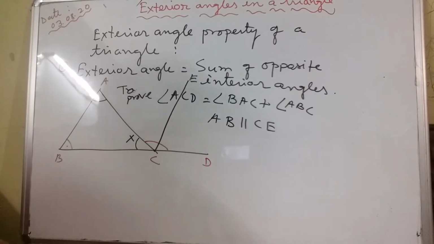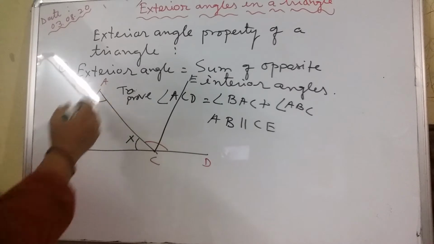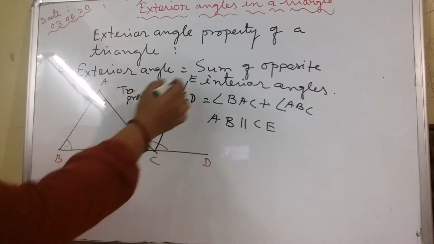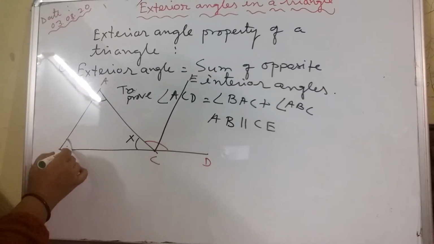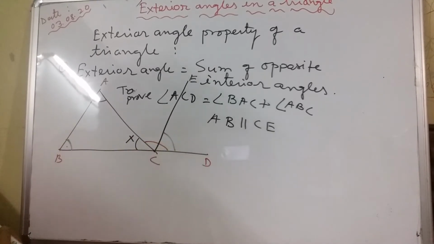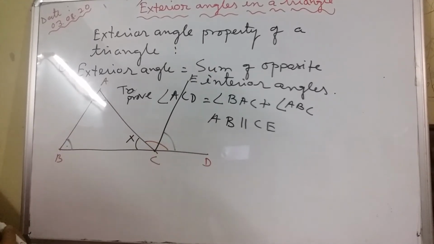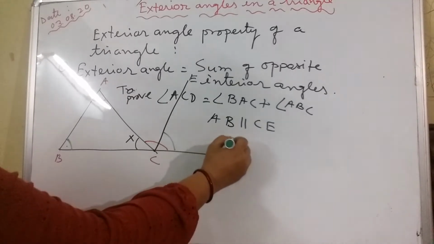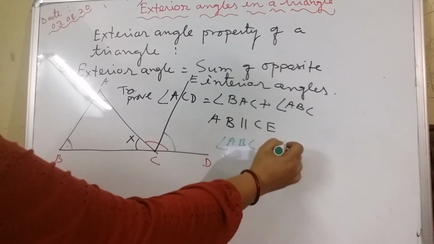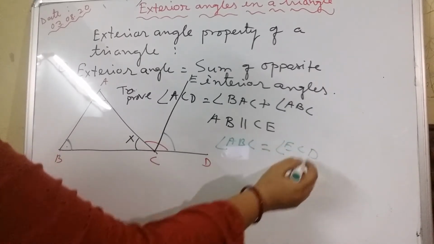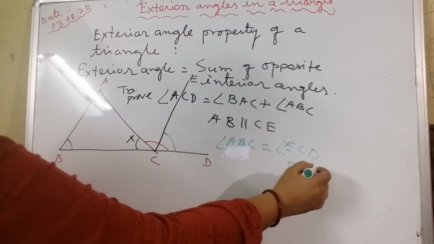Now, as AB is parallel to CE, this angle and this angle will be equal, because angle ABC will be equal to ECD, because they are corresponding angles.